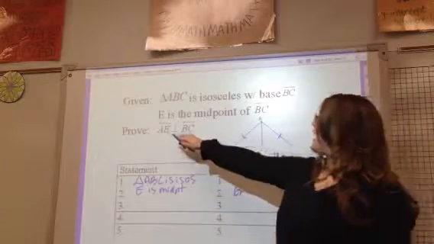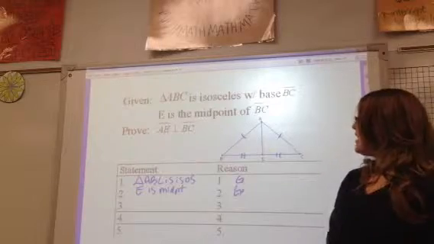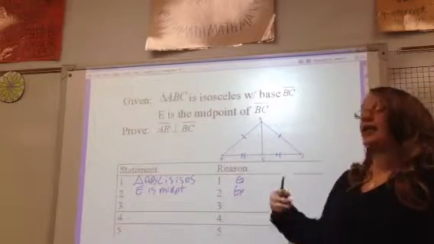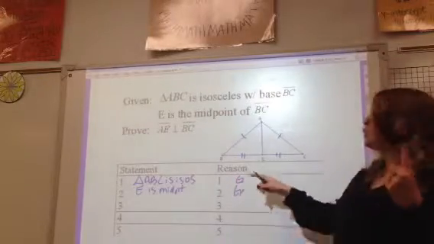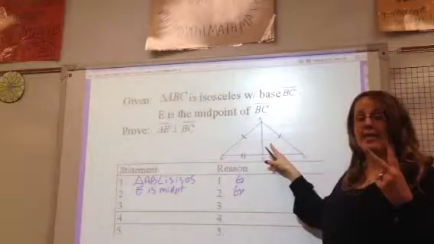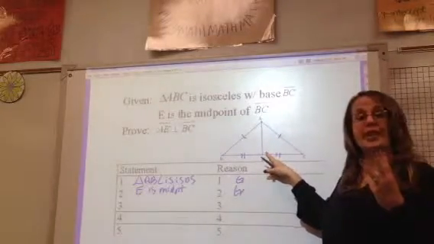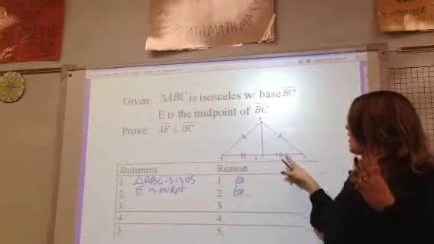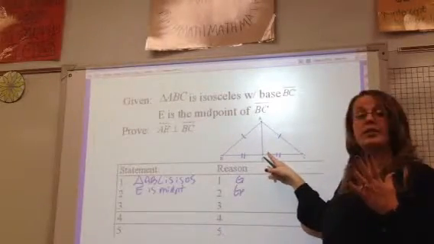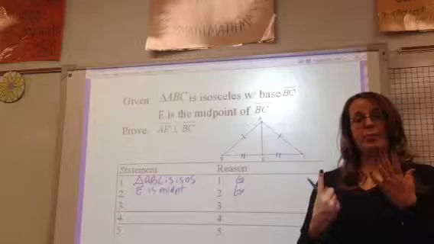If I want to prove that AE is perpendicular to BC, one way that we could do it is I could say, well, this is congruent to itself by reflexive, one step, which means these triangles are congruent by side, side, side. These angles are congruent by CPCTC. They're also supplemental, which means those have to be right angles, which means that has to be perpendicular.